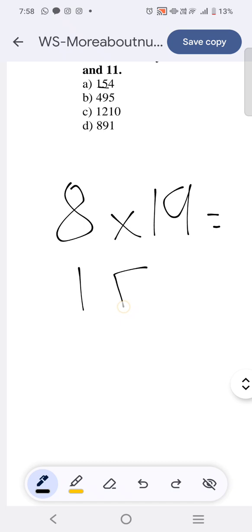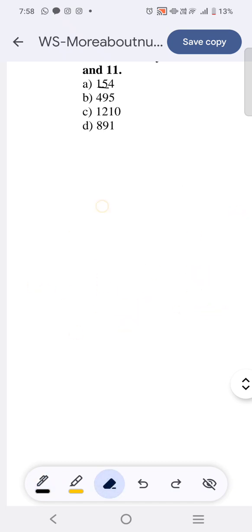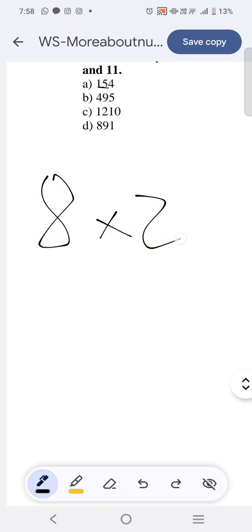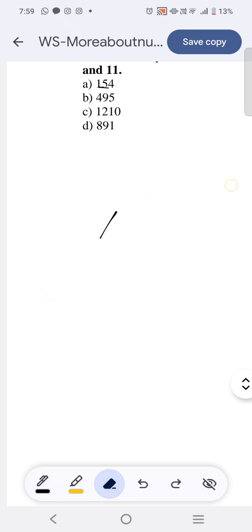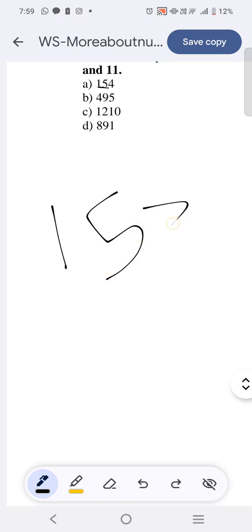Okay, so it's close. Let's go on to 8 into 20, which is 160. Which means that we don't have any number which multiplies with 8 and makes it 154. Now we will have to pick 152, which is 8 into 19.